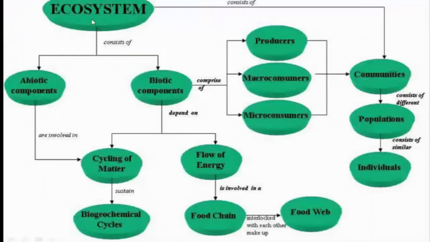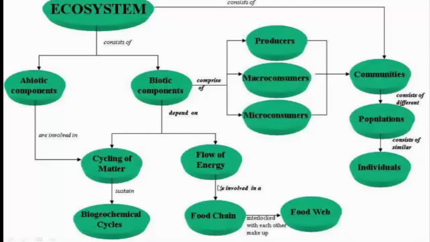So as you can see, the ecosystem consists of abiotic components and biotic components. Abiotic components are involved in cycling of matter and sustain biological or biogeochemical cycles or systems. The biotic component depends on cycling of matter and also flow of energy.